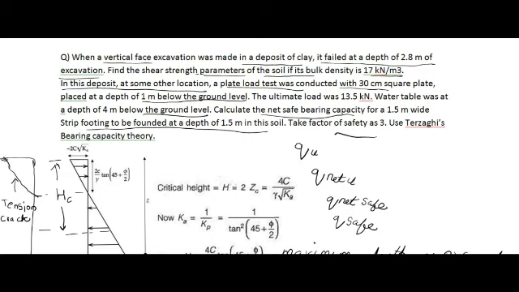Q safe is nothing but Q net safe bearing capacity plus gamma Df, the density of the soil multiplied by depth of foundation.